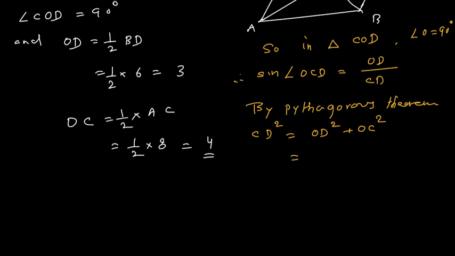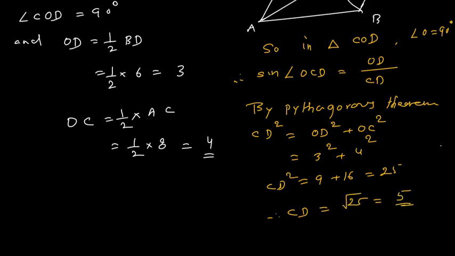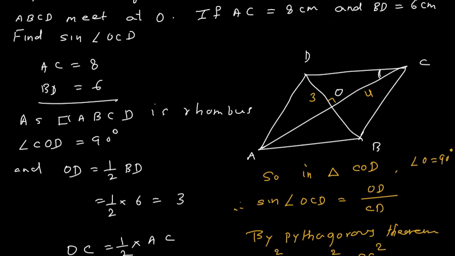Now the value of OD is 3, so this is 3 square, and OC is 4, so 4 square. This is 9 plus 16, which is equal to 25. This is CD square. Therefore the value of CD is root of 25, which gives us 5. So this value is 5.